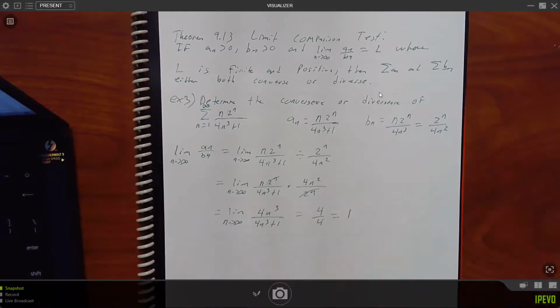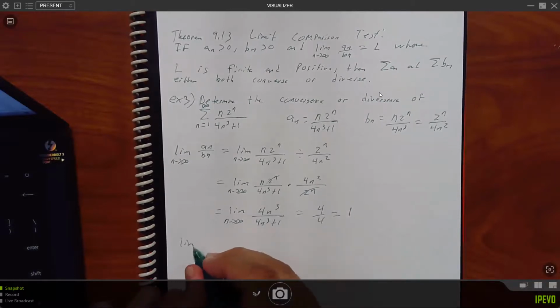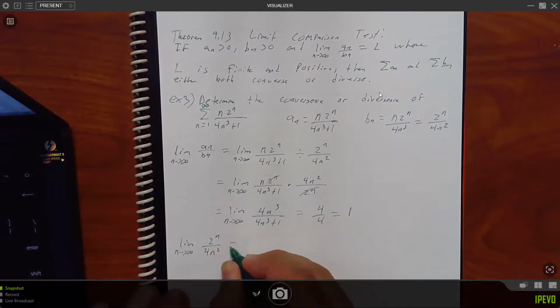Remember I told you the first test you should always use is the nth term test, also called the divergence test. What you do is take the limit of the sequence, and if it is not 0, then that means the series diverges. This will be infinite.